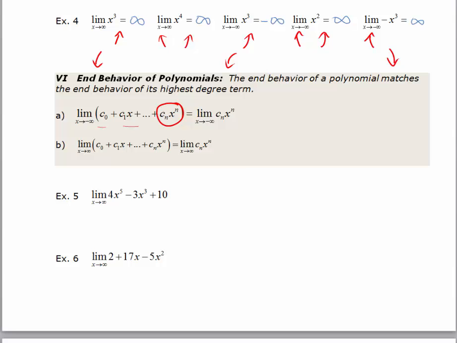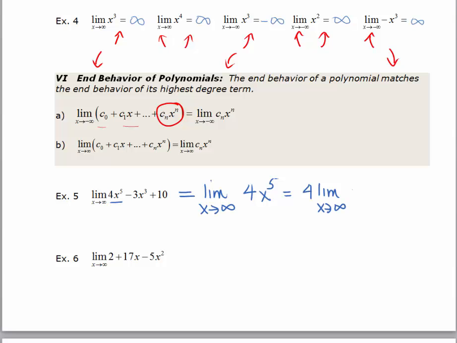So let's evaluate the limits in example 5 and example 6. We have the limit as x approaches infinity of 4x to the 5th minus 3x cubed plus 10. We know that the leading term takes over, so the value of the limit is going to be the same as the limit as x approaches infinity of 4x to the 5th. I'm allowed to take the 4 outside of my limit.